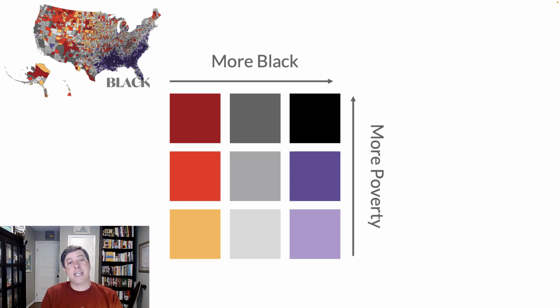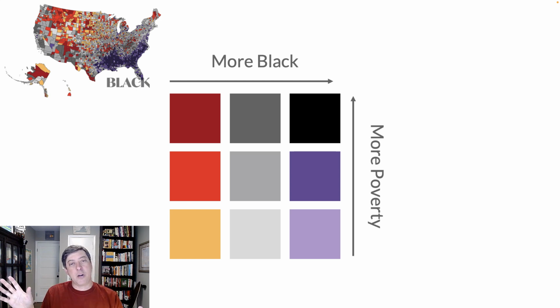Counties that have a lower density of Black or African American residents and a lower poverty rate are in that yellow or orangish color in the bottom left, which you can see in the upper Midwest part of the thumbnail map at the top of the slide. And counties that have a higher density of Black or African American residents and a higher poverty rate are in that very dark purple color, almost black, which you can see in the southeastern part of the United States.